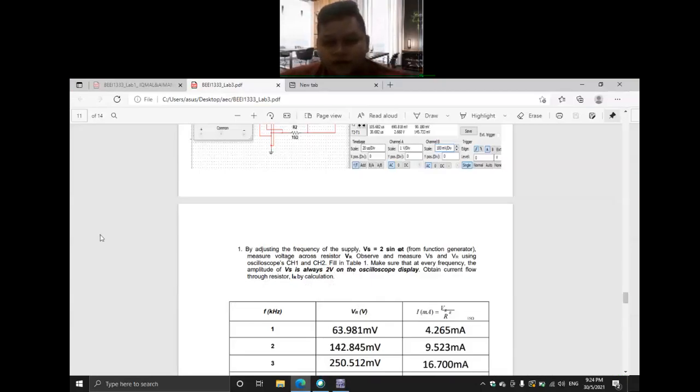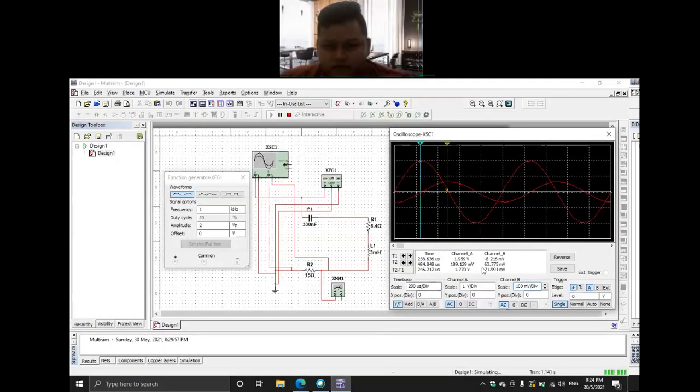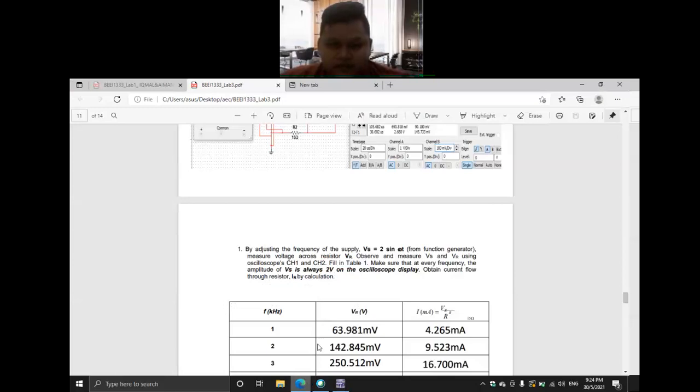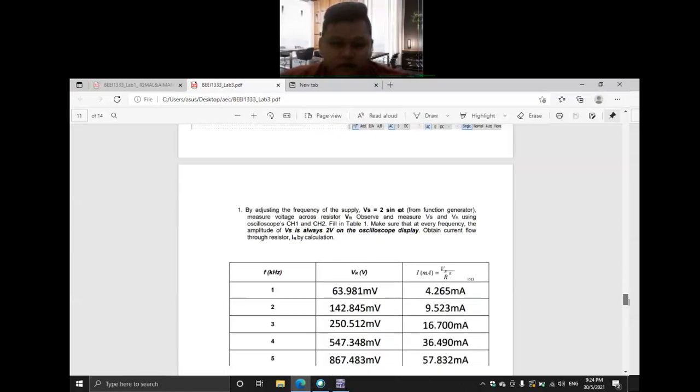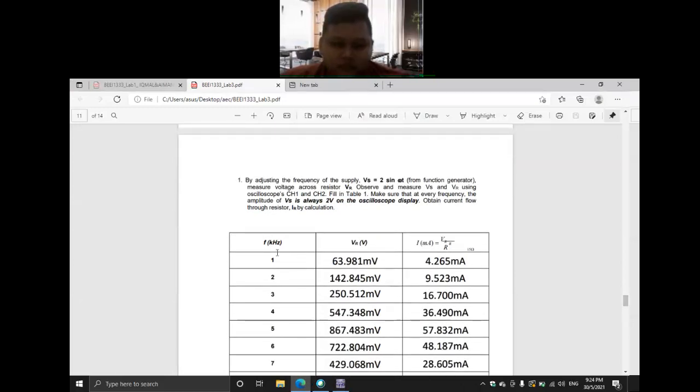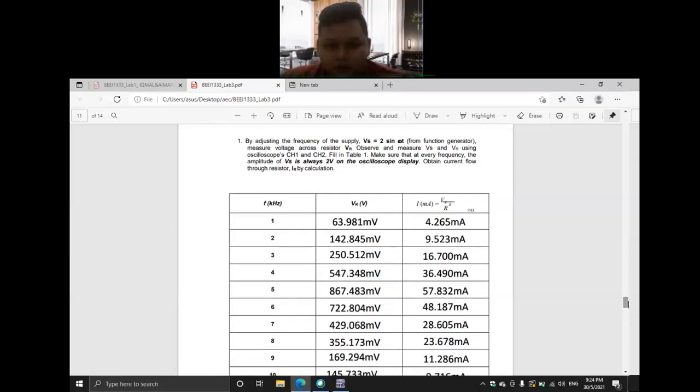After we take that value, we put it in as VR. For the next step, we change the value of the frequency, which is 2, 3, 4, 5, 6, 7, 8, lastly 10 kilohertz. After we get the value of VR, we must get the value of current.